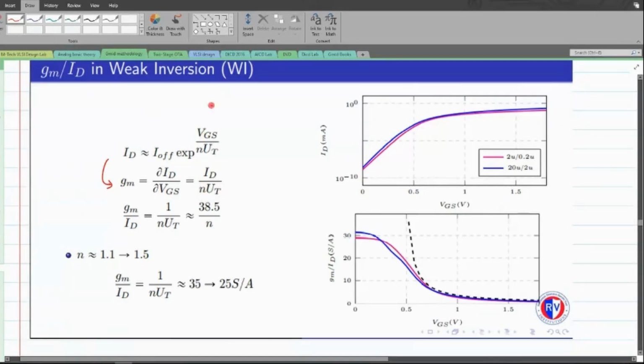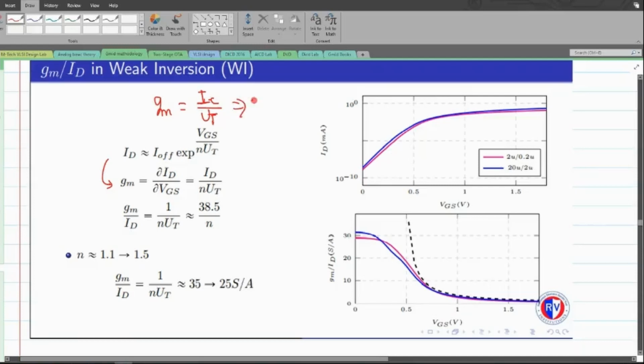When I compare this with the BJT, where we have IC divided by the thermal voltage, here the GM value is further stepped down by this factor N. So the efficiency I would get out of this MOSFET is less compared to the transistor efficiency I would get in a BJT.